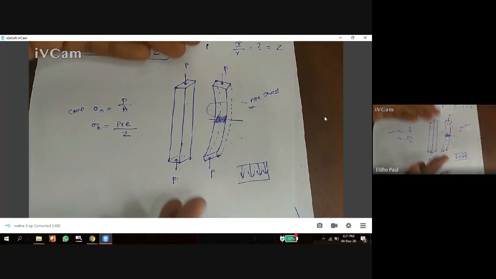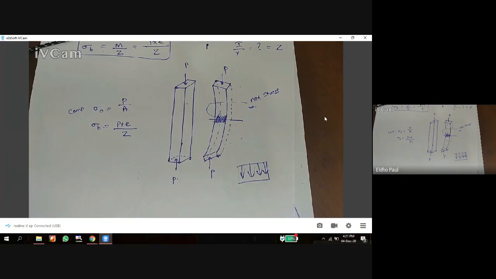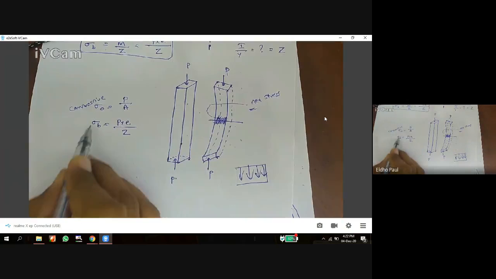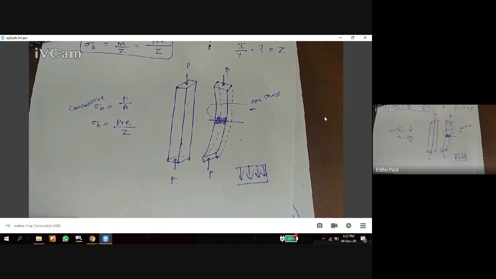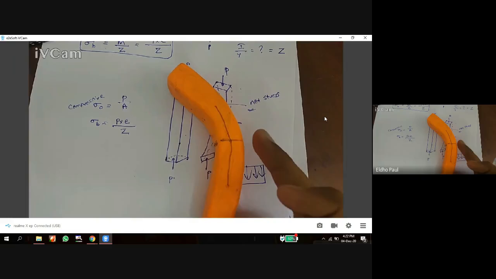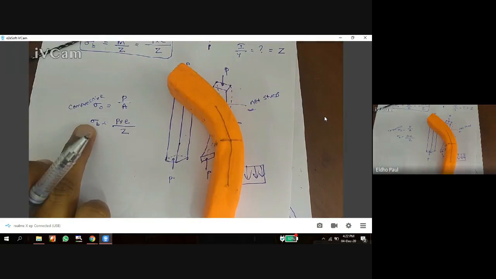P by A, when I apply load P, gives a corresponding compressive stress, sigma 0. But sigma B may be tensile or compressive depending on the surface, or on the material distribution about the neutral axis. On the inner side of the neutral axis it is compressive; on this side it is tensile. Sigma B may be tensile or compressive.